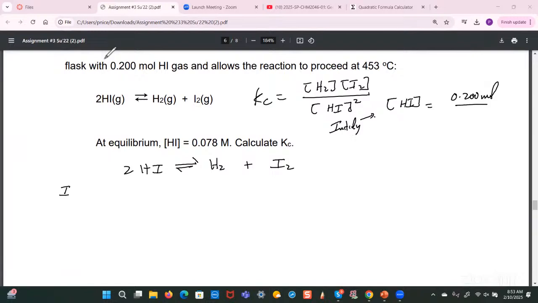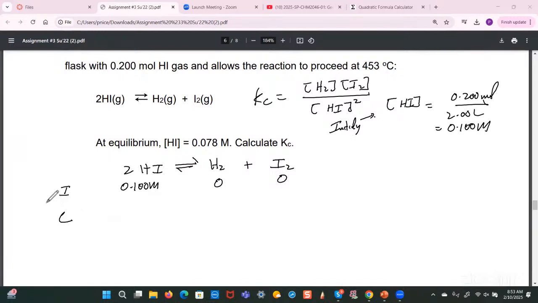What was the volume? 2.00 liters. Okay, so that gives you 0.100 M. So that would go here, 0.100 M. Initially, you would have no H2 and no I2.